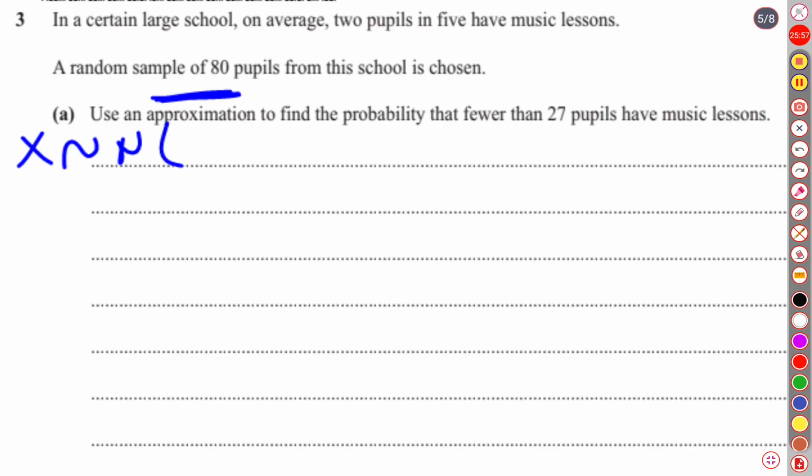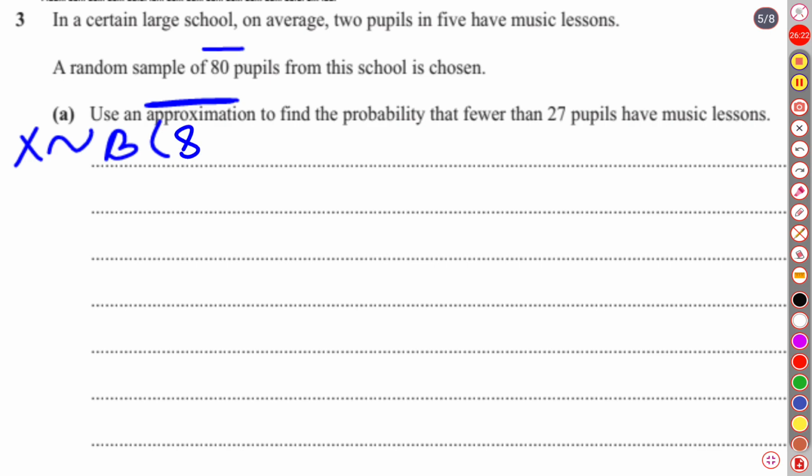Look, approximation is the clue word over here. Whenever the word approximation is mentioned, it means the distribution is given as a binomial distribution, which is to be converted to a normal distribution. So for binomial, X belongs to binomial, and the parameters of a binomial distribution are n and p.